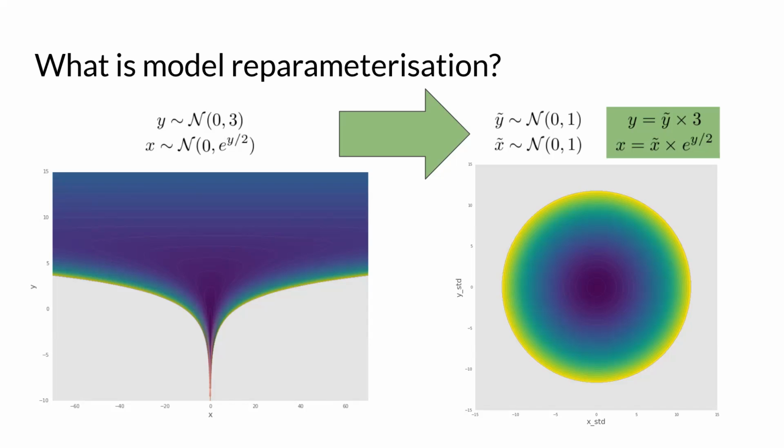We don't even have to sample anything from a normal, right? We can sample it from a uniform distribution and then use the inverse CDF to obtain a normal. That is also another reparameterization. There are many ways of basically encoding the same model. Parameterization is just the way we encode the model.